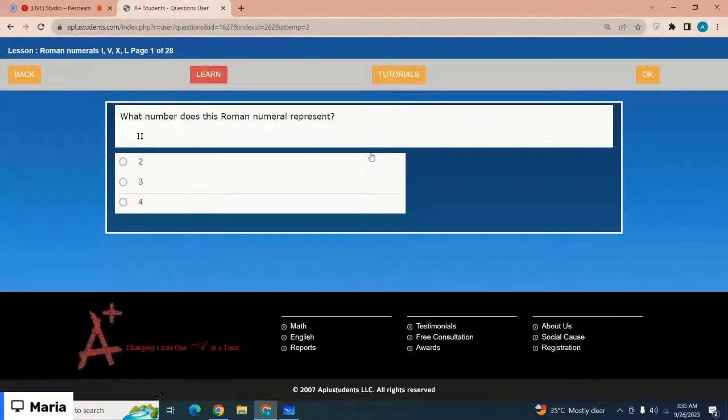What number does this Roman numeral represent? So which is the correct option? The correct option is that it represents 2.